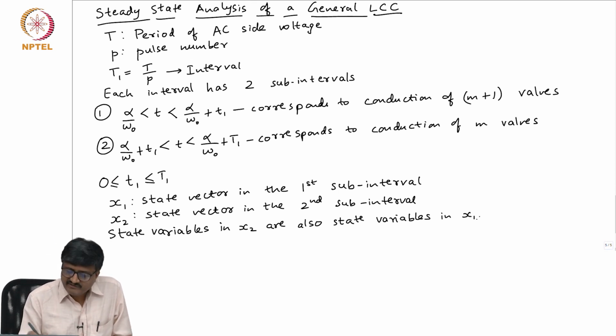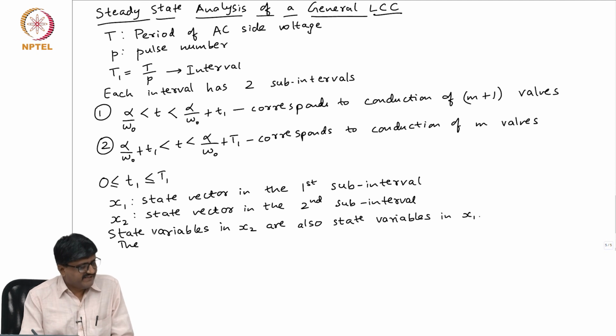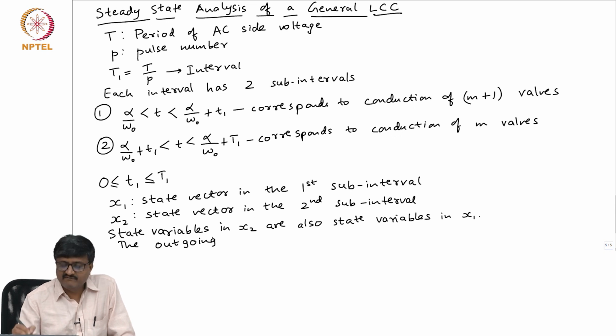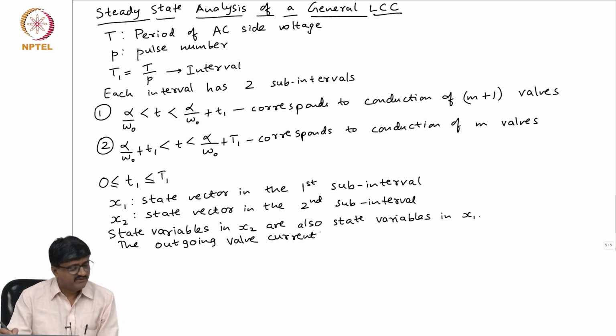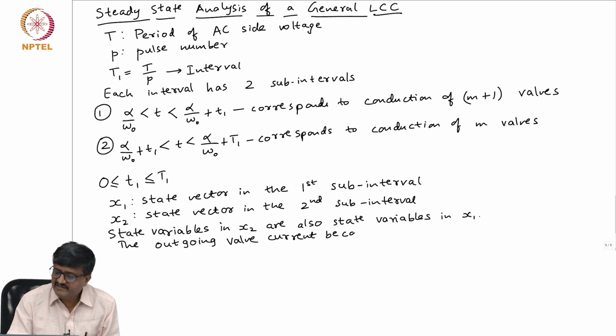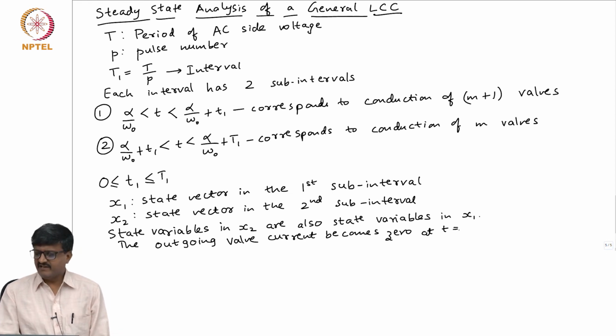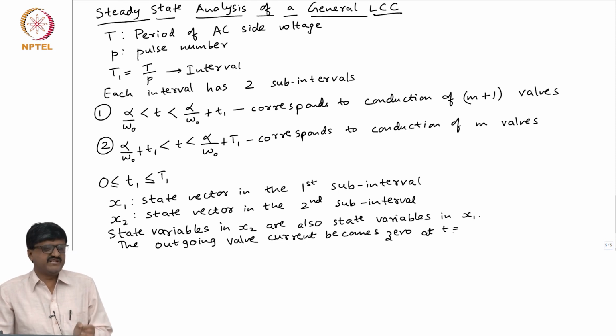Okay. So, we say the outgoing valve, meaning the valve which stops conducting, the outgoing valve current actually becomes 0 at what instant? At t equal to, for the time being I am trying to write equations with independent variable time. It becomes obvious quickly why I am switching to time.